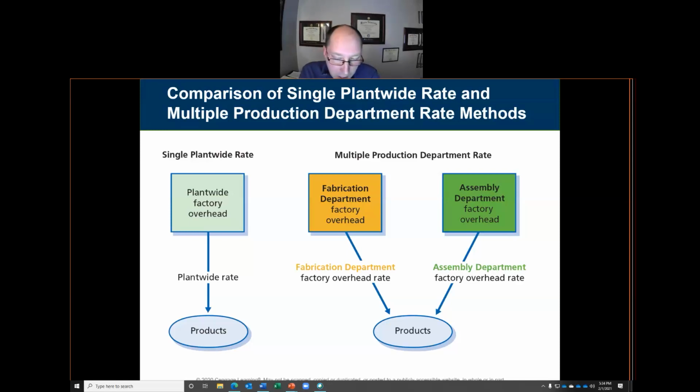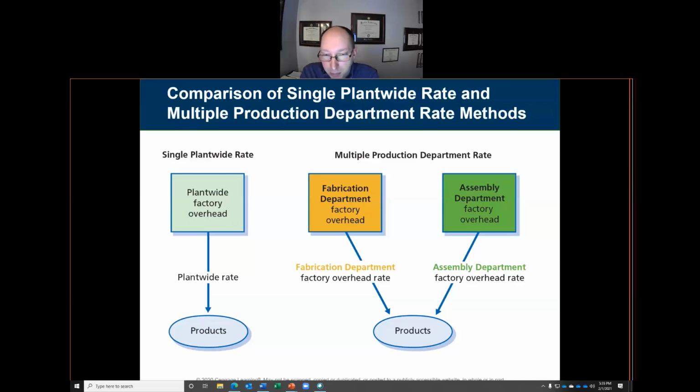You probably remember the example we talked about before with the guitars. And when we talked about job costing, we discussed the idea of having multiple departments. We have the sawing department, we have the assembly department, we have the packaging department, all that good stuff.